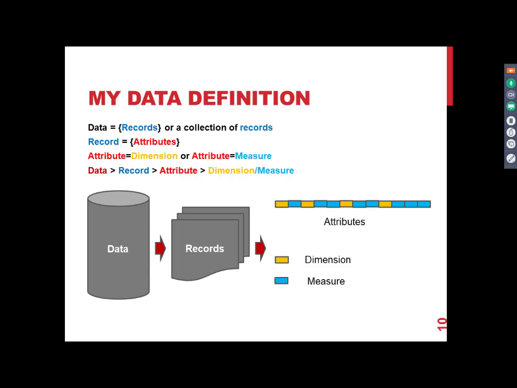I believe in the corporate world, in business, maybe 95 to 99% of the time, it has a timestamp. Each record is about an event. It could be a sales event, a mouse click event, or a check-in, check-out event, which happened at a certain time.